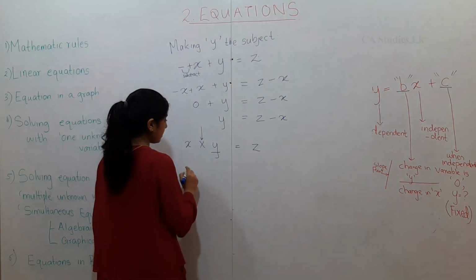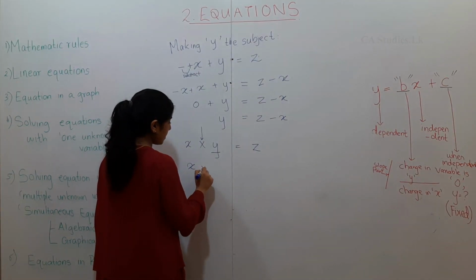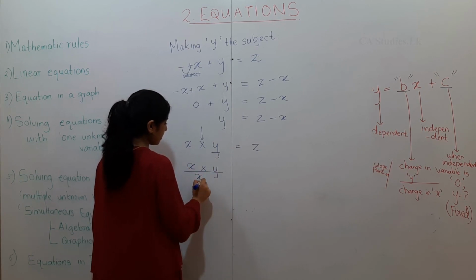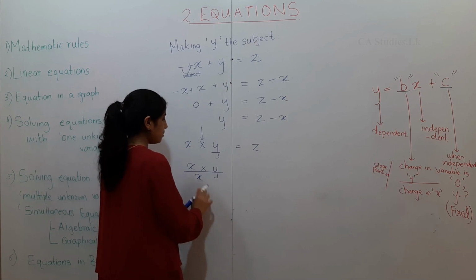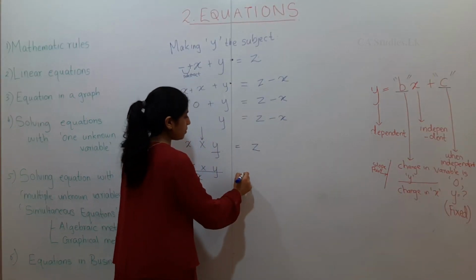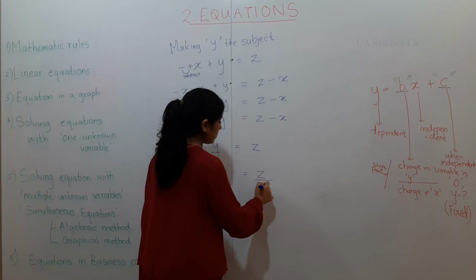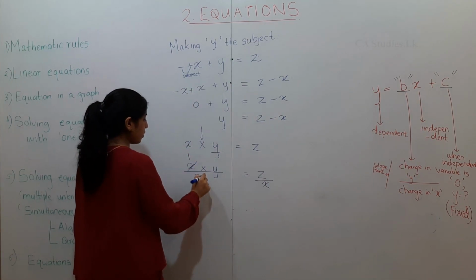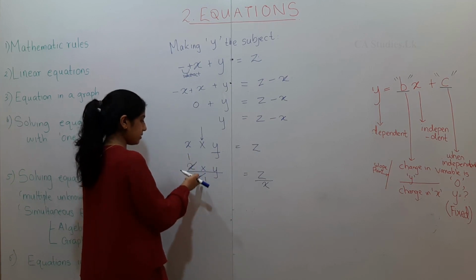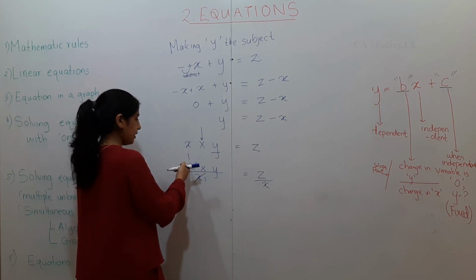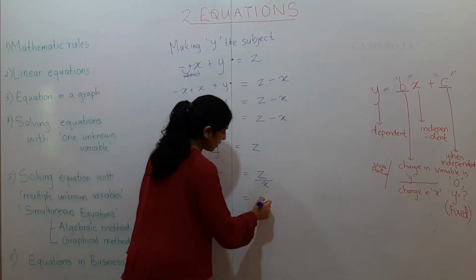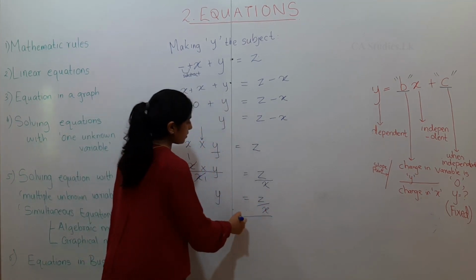So you want to remove x, so divide by x. If you divide by x this side, you have to divide by x this side also. So this x and this x get cancelled off because there is only one x in each. So y equals z divided by x.